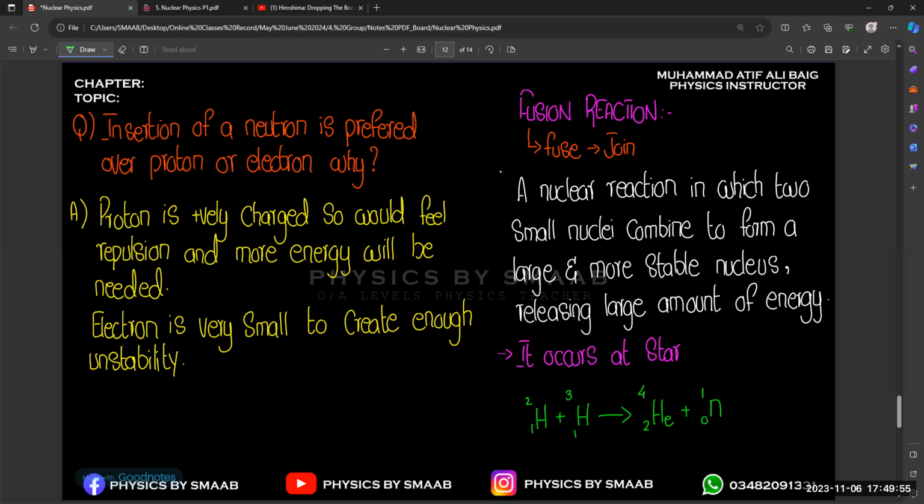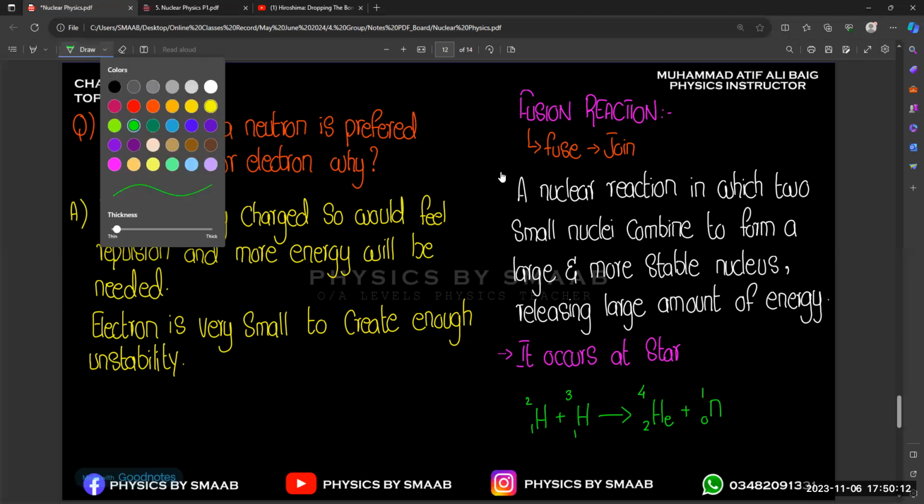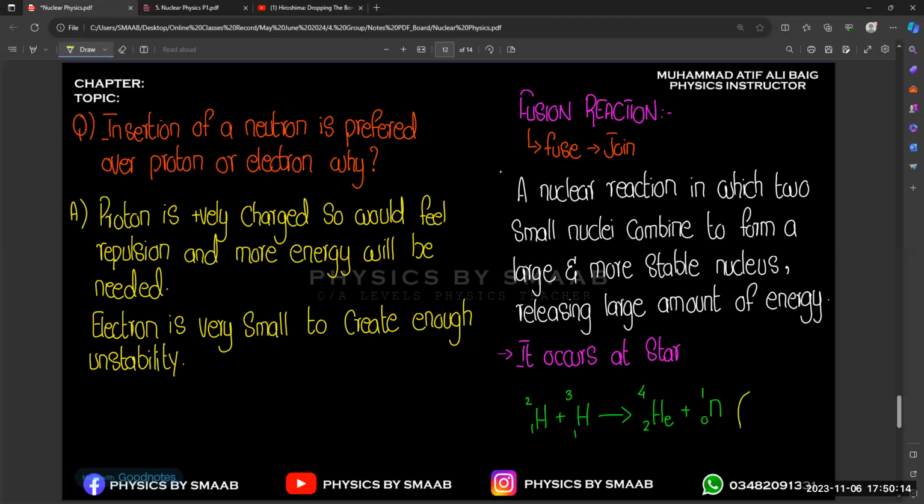So the results we get from the stars show that there are isotopes of hydrogen. Those hydrogen isotopes combine and form a helium atom, and also release a neutron with a very high amount of energy. So this equation is especially for the sun.